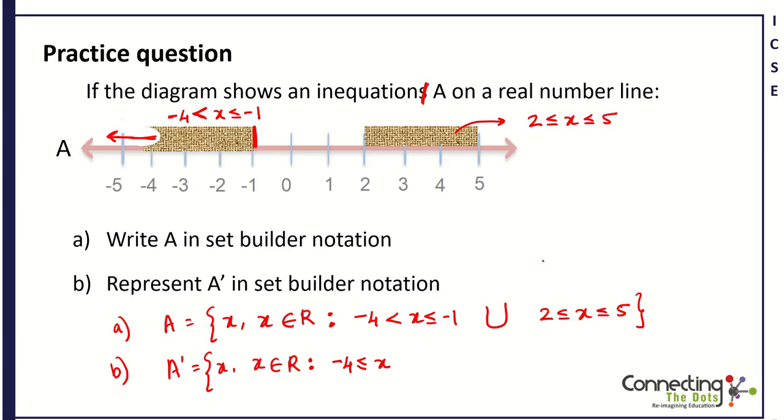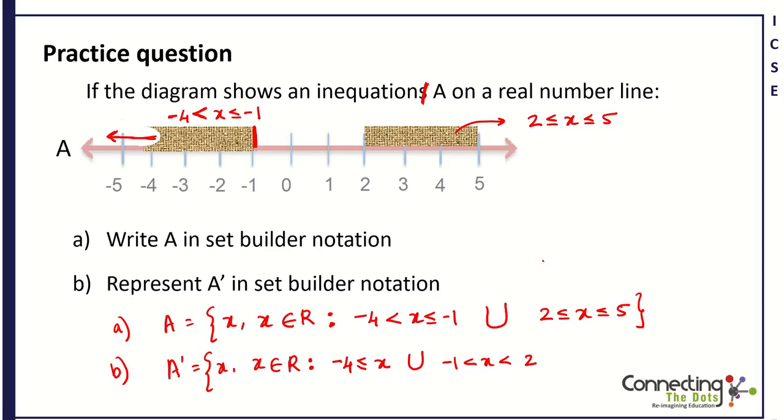Then all numbers here between -1 and 2 can be included in A dash. And how do we represent that? Union -1 less than x less than 2. That is all the numbers over here.